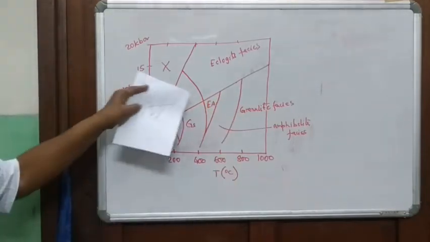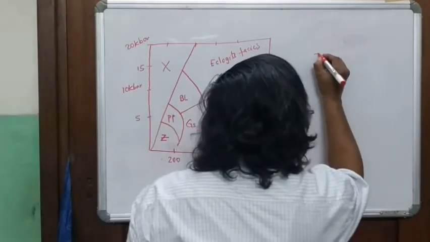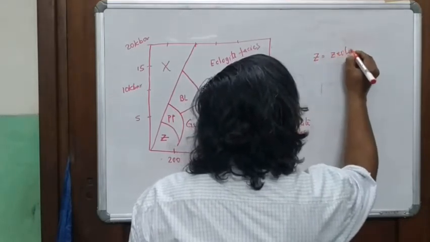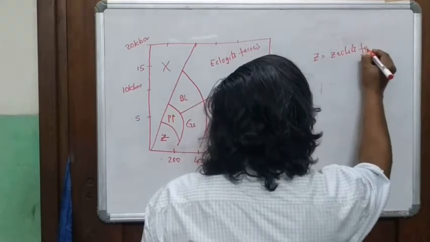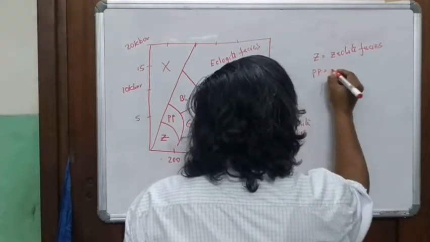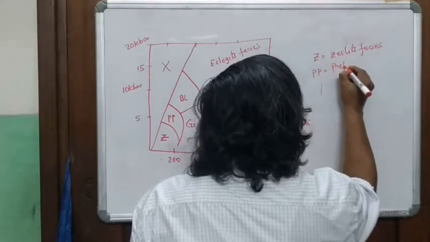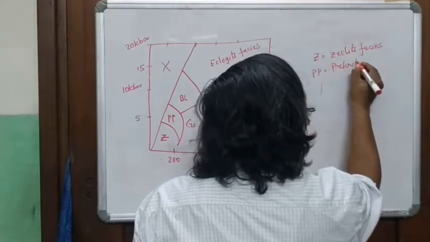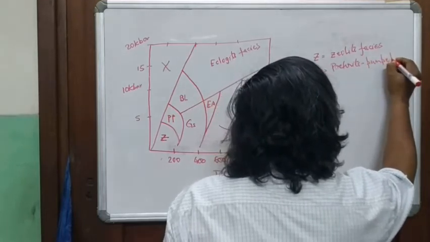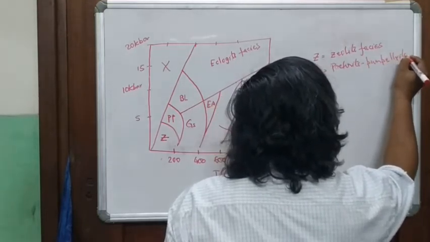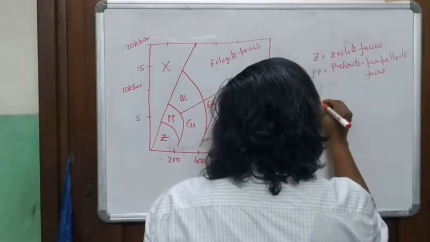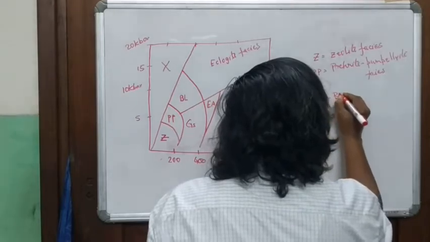Now I will give you the abbreviations of this. Z is called the zeolite facies. PP is the name of two minerals, prehnite and pumpellyite facies. BL is blue schist.